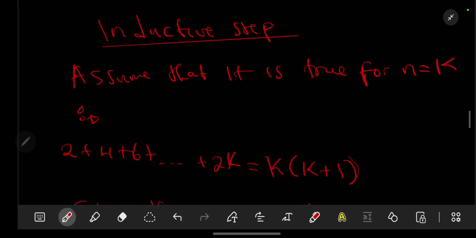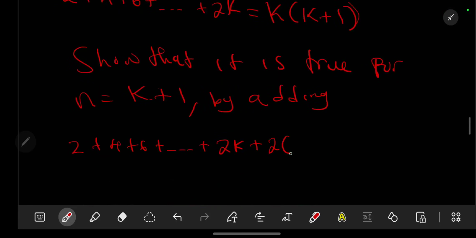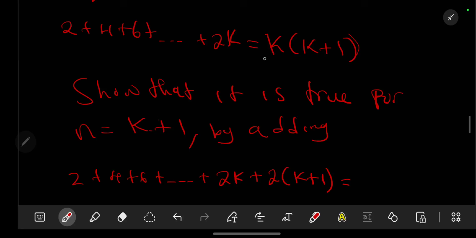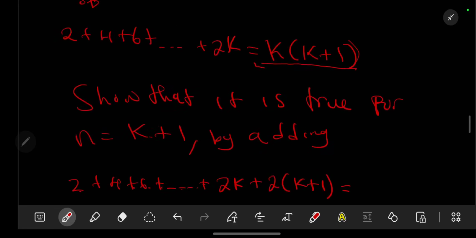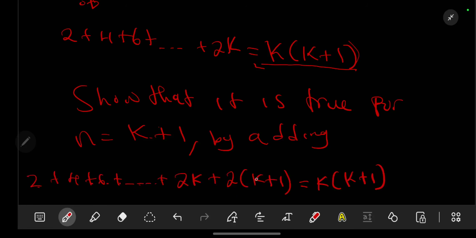Where there is n, you are going to put k plus 1, should be equal to, we have this as the result for 2 plus 4 plus 6 plus dots plus 2k, this part is equal to this. So that's why we are going to put k open brackets k plus 1 like that. So we are adding this on both sides, so we have plus 2 open brackets k plus 1 like that.